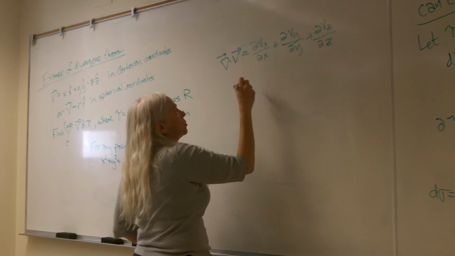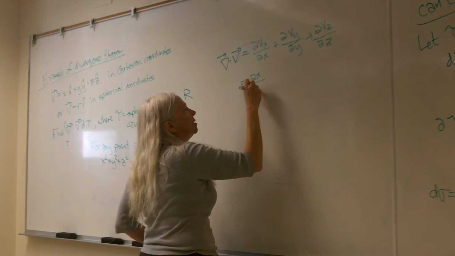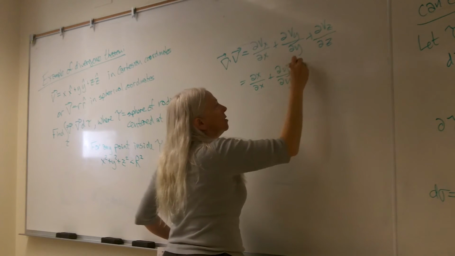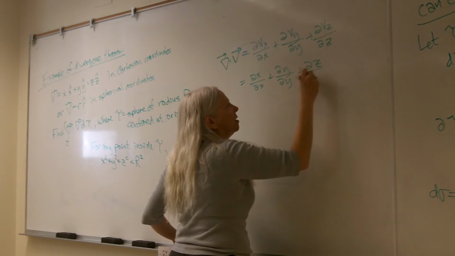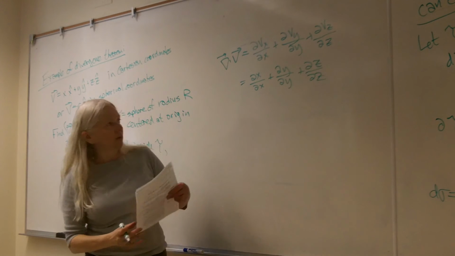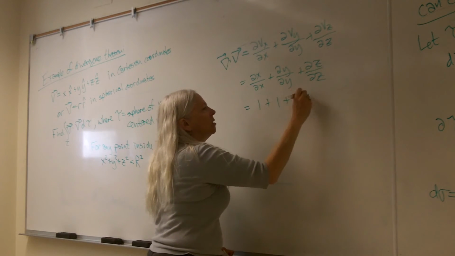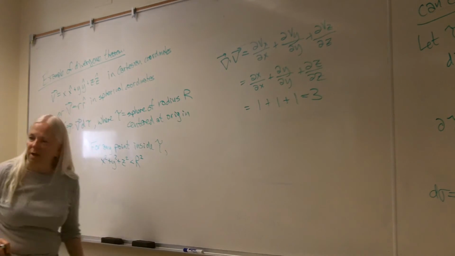Well, v sub x was x, v sub y was y, v sub z was z. Each of these derivatives is 1, so the divergence of v is 3.